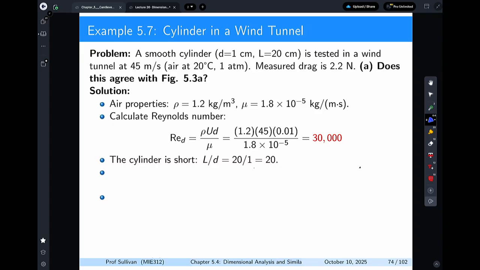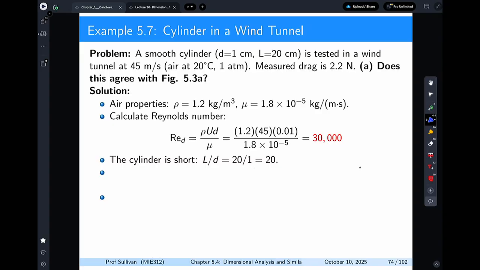A smooth cylinder, diameter 1 centimeter, length of 20 centimeters, is tested in a wind tunnel at 45 meters per second, air at 20 degrees C and 1 atmosphere. Measured drag is 2.2 newtons. Does this agree with 5.3a, which is in the text? I'll just make a quick note: I used an older version of the text, so I think it's not quite the same number in the new version.